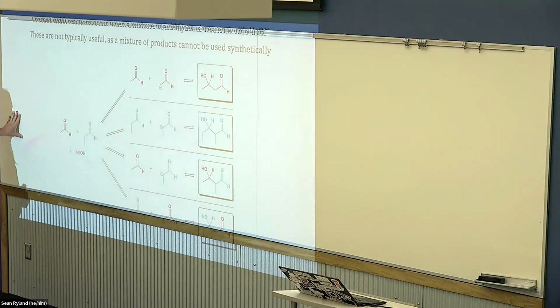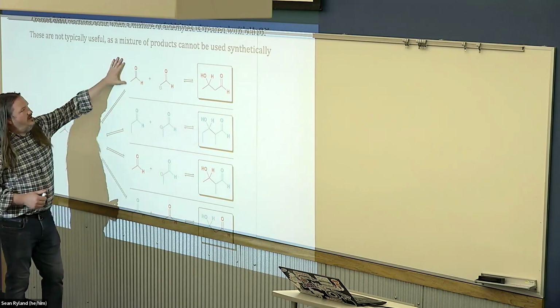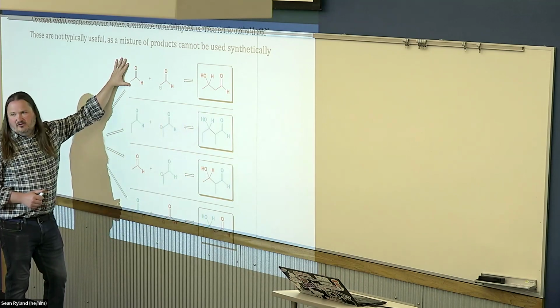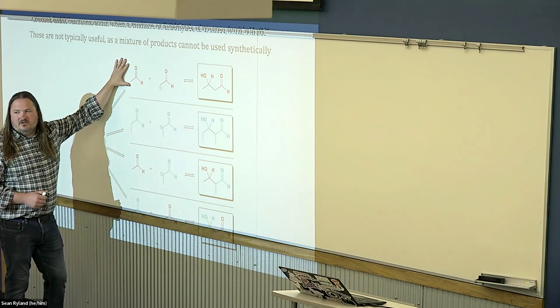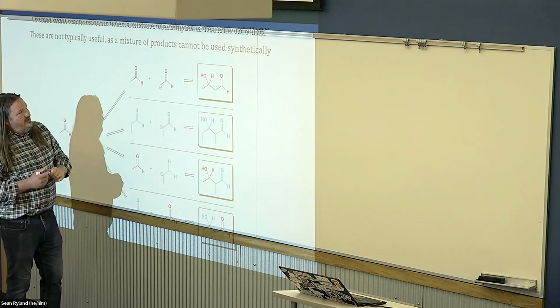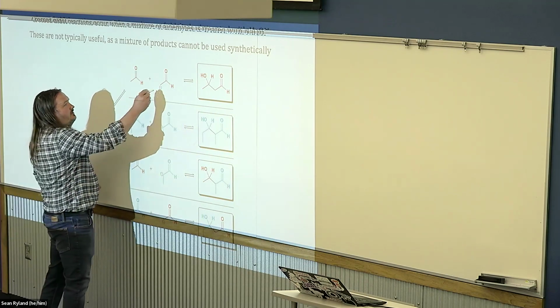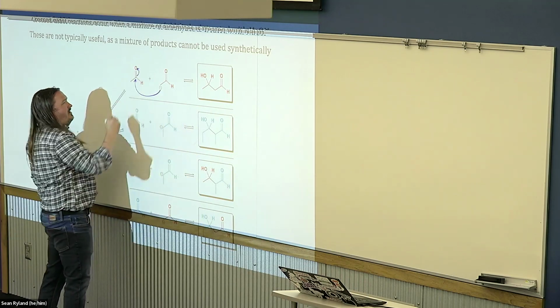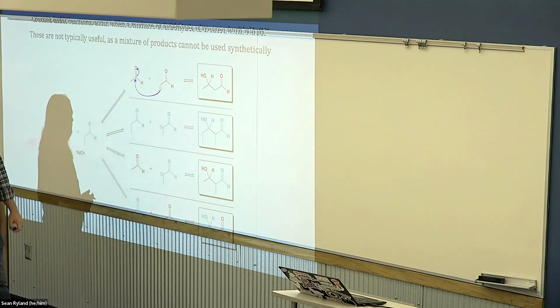So if we deprotonate to make the enolate, but we have a mixture of the enolate and the aldehyde, which is where we see this most, because aldehydes are a little bit more reactive, but ketones to a lesser extent as well. Then we wind up with a nucleophile and a partial positive, and so we wind up with an addition reaction happening.